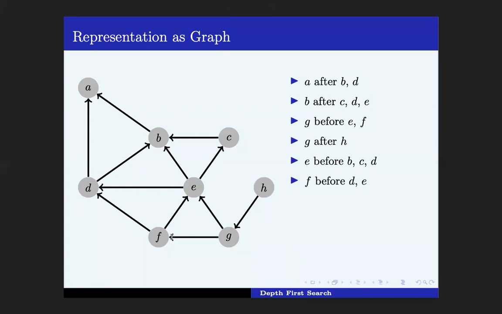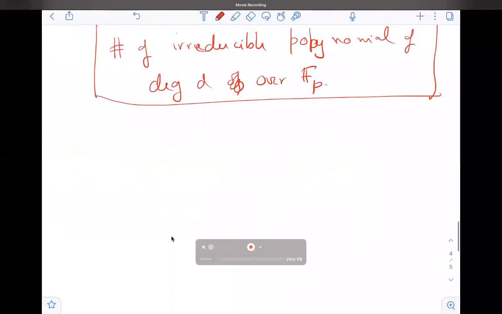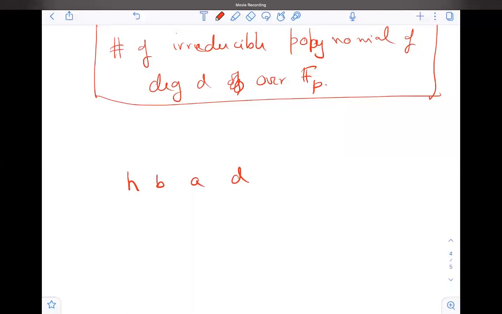This is the graph. And now what do we have to do? Our job is to come up with an ordering of the vertices. For example, A, B, D, E, G, H, F, or something.